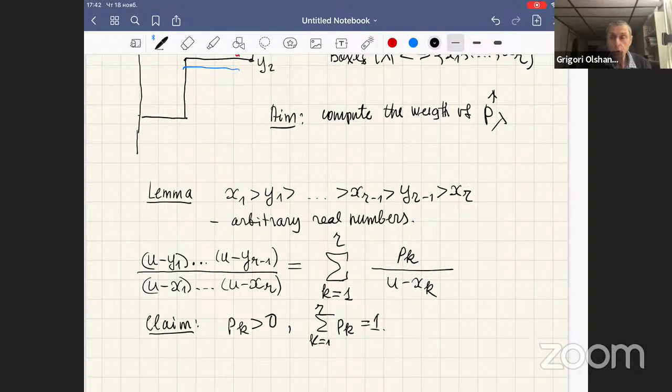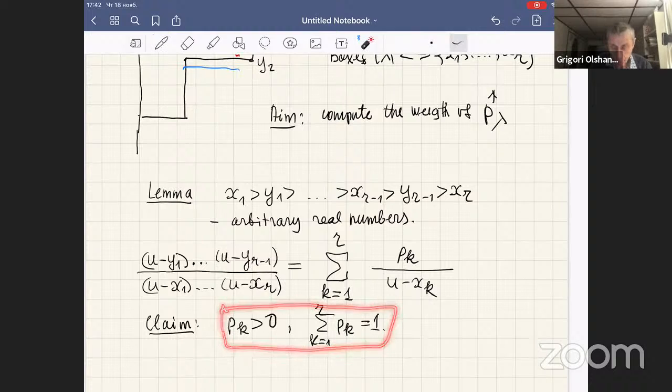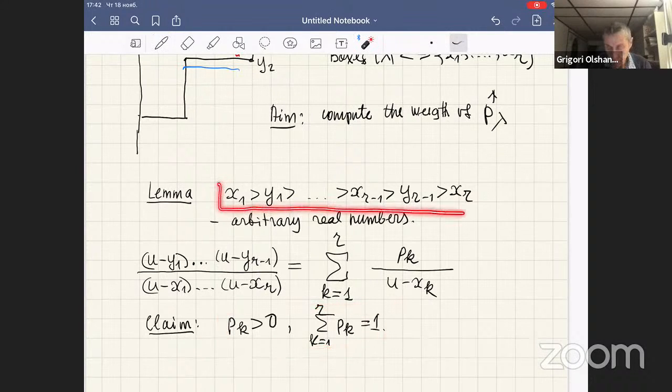And actually conversely, assume that we have some numbers, x's and y's, and write this expansion in partial fractions, then these conditions are equivalent to the fact that these numbers interlace.